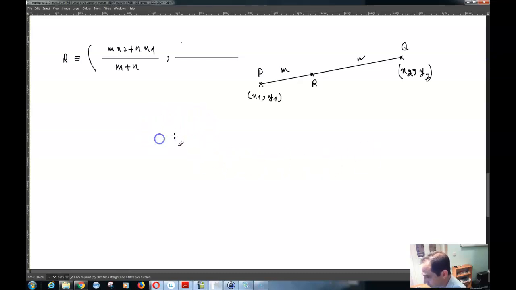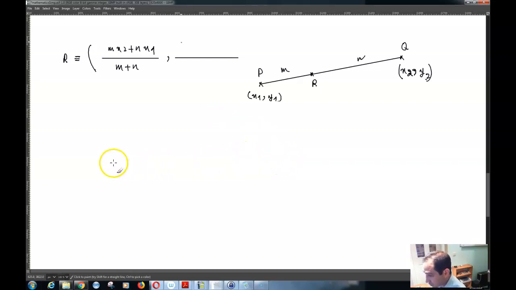When you say C divides AB externally in the ratio 3:1, and when we say C divides BA externally in the ratio 3:1, these are two completely different statements. You cannot, at least in this context, take AB for BA or take BA for AB.